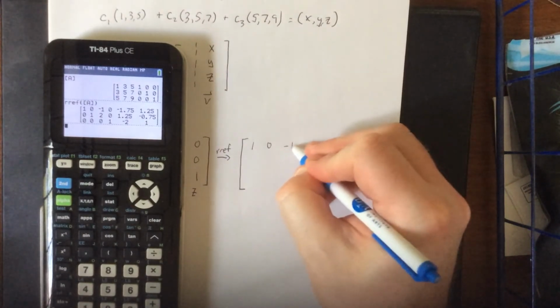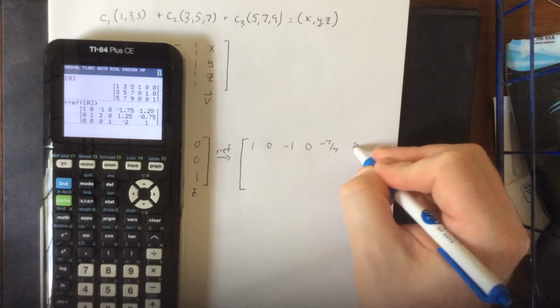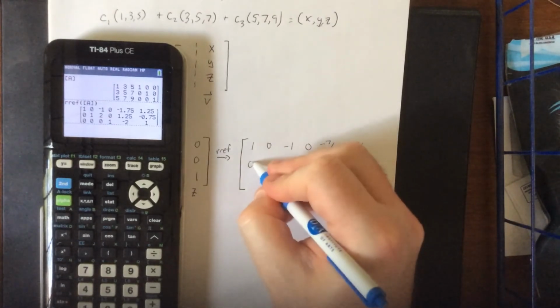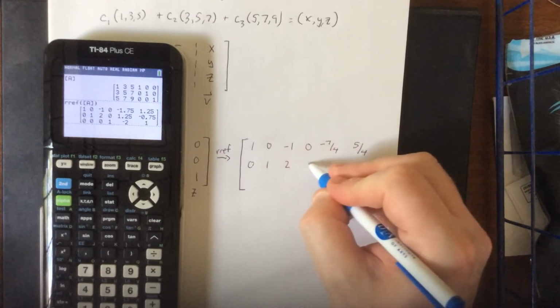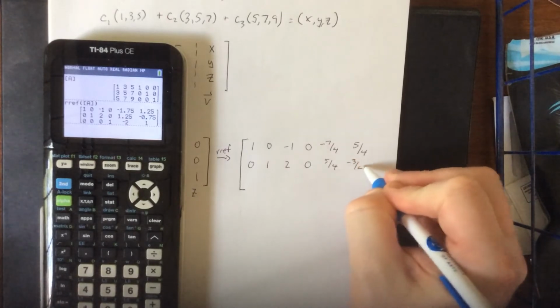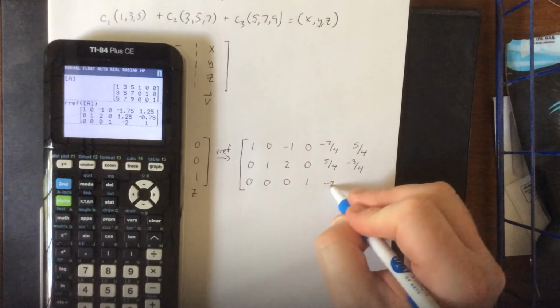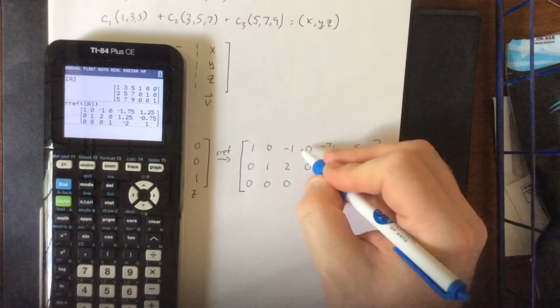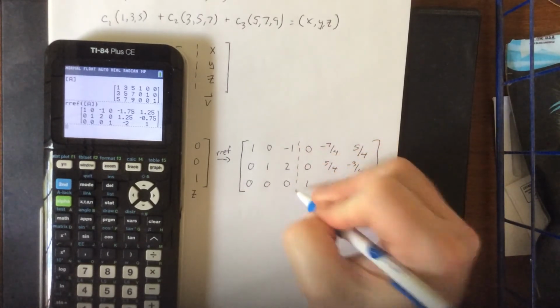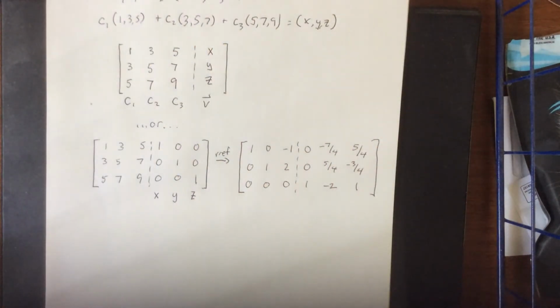So 1, 0, negative 1, 0, negative 7/4, and 5/4. Then we have 0, 1, 2, followed by 0, 5/4, negative 3/4. Now the last row, this is where things are interesting to me. To the left of the augment, we have a row of zeros. And again, this is of interest to me.